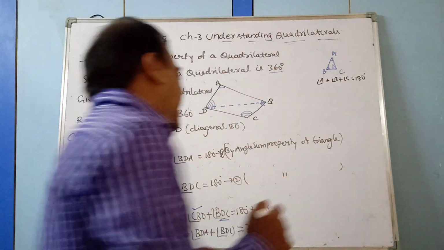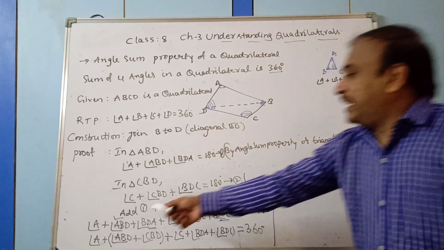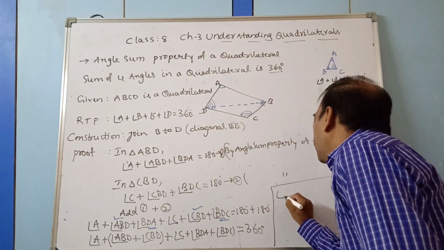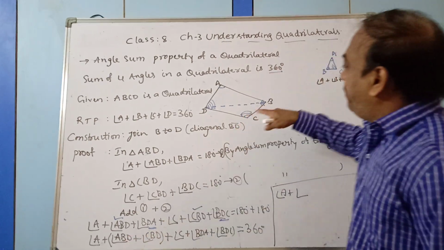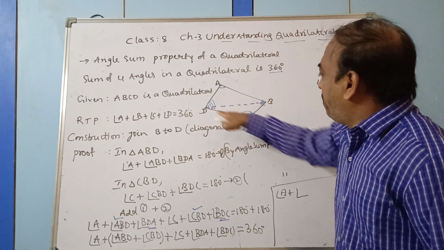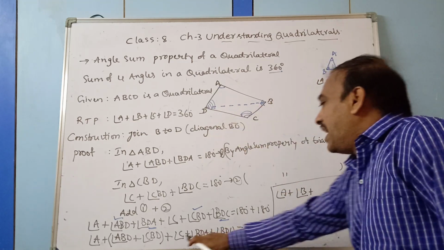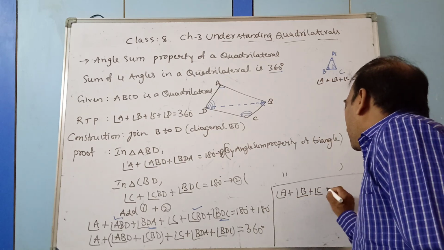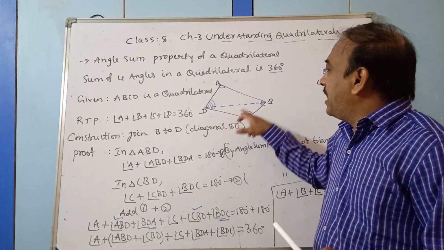Now I am writing the next part: angle A plus angle ABD plus CBD, which together give angle B, plus angle C as it is, plus angle BDC plus angle BDA.